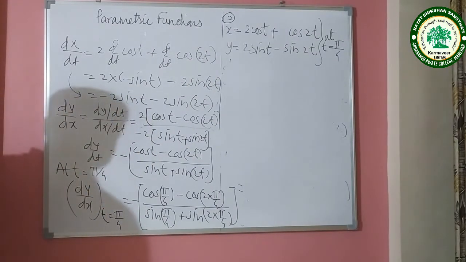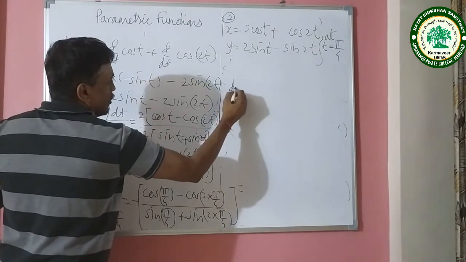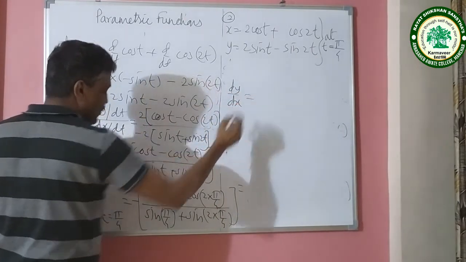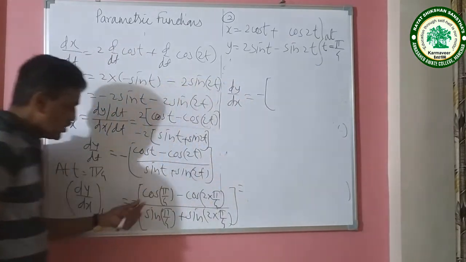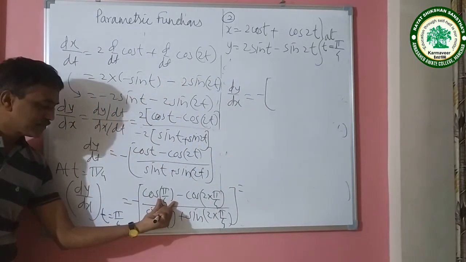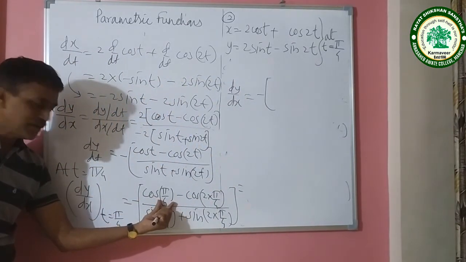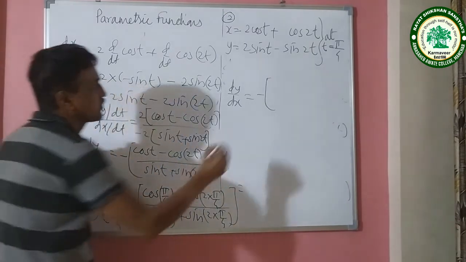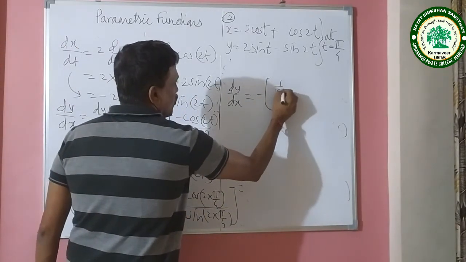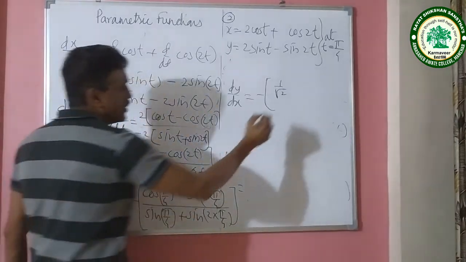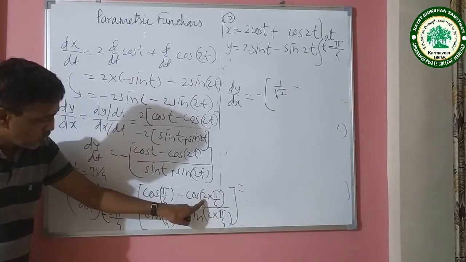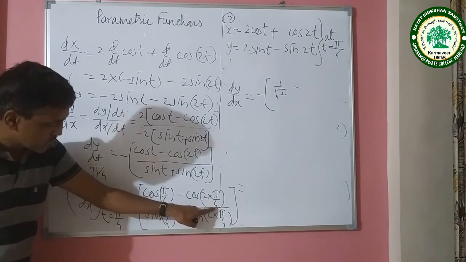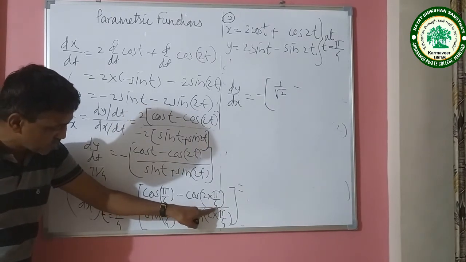So it is dy by dx is equal to minus cos 45 degree. Pi upon 4 means 45 degree. What is cos 45? 1 upon root 2. Minus, see, 2 into pi by 4, 2 fours are 4, we can divide by 2.